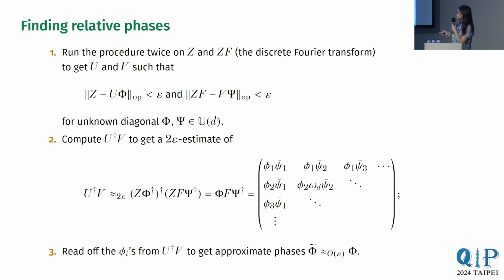And so what you can do is look through here to see what phi 1, phi 2, phi 3, and so on are. And this will give you your approximate phases. And so then this is all that you needed for your problem. You're done.